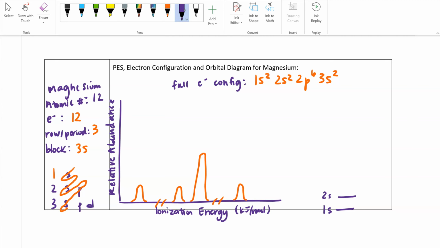And then if I do its orbital diagram, I have to put all of the subshells that are in my electron configuration, and then the number of orbitals that I draw is however many are necessary to get that number of electrons in.